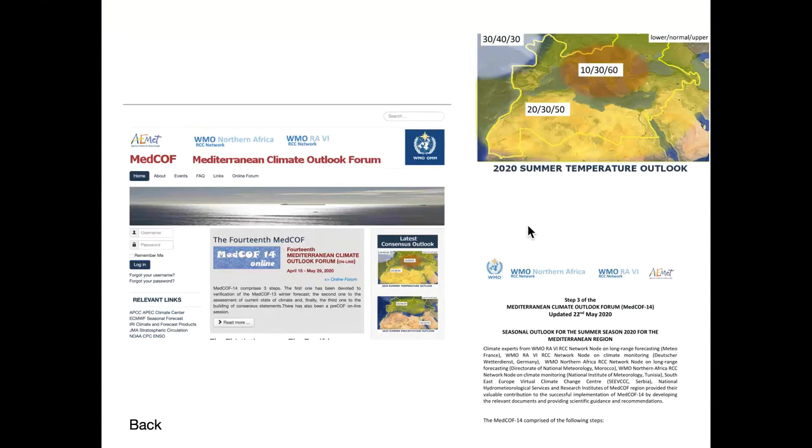For example, the MedCOF is one of these examples, in which you can find something which is built after a consensus process. Here, for example, you have the summer temperature outlook expected for summer 2020, where all the technical information is translated into something easily understandable.